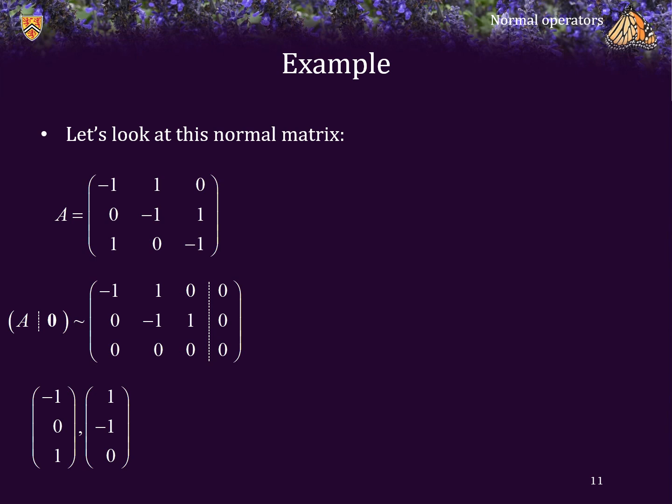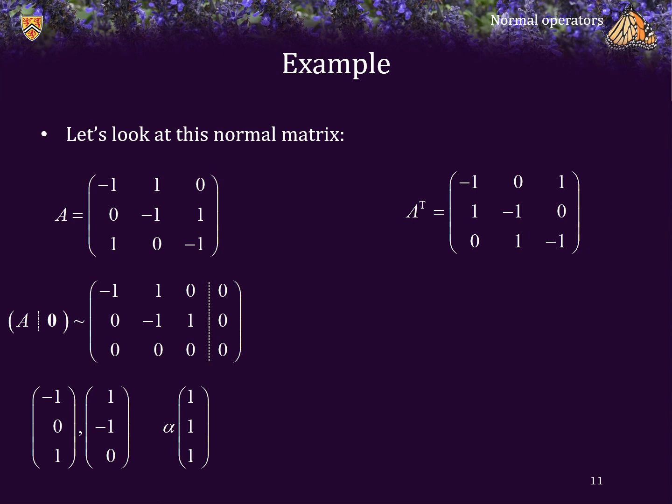Additionally, solving for the zero vector, we get that a basis for the null space is the vector 1, 1, 1. You will notice that the vector 1, 1, 1 is perpendicular to both of those other two vectors. So therefore, the null space is perpendicular to the entire range.